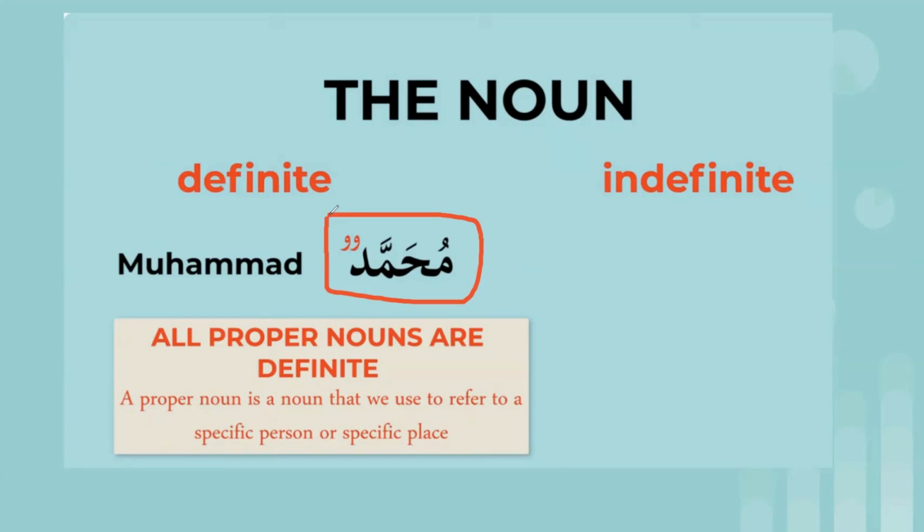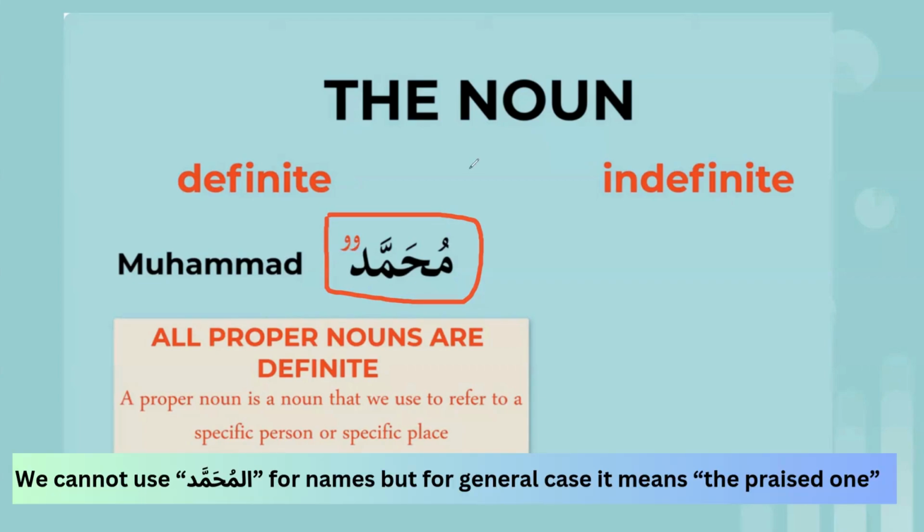Whenever there is a proper noun, the name of someone, even if it has tanween, it will be definite. Do you understand? All of the words which are names, which are proper nouns, are definite, even if they have the tanween.